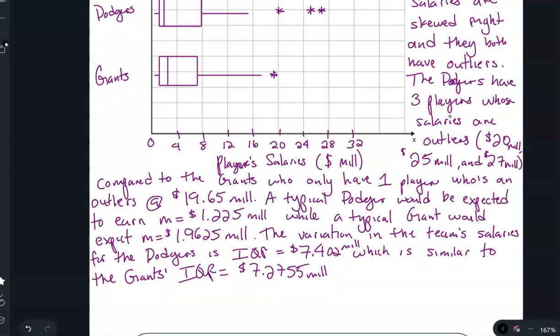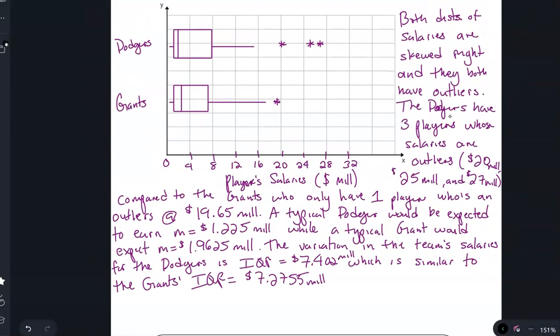All right, so I did all of my SOCS. And again, I want to bring it back to the context of the problem. So what does this really say about that idea of you get what you pay for? So both teams are paid a lot, okay? The Dodgers clearly have a few players that are paid a lot more because they have those 3 outliers, but they also win more, right?